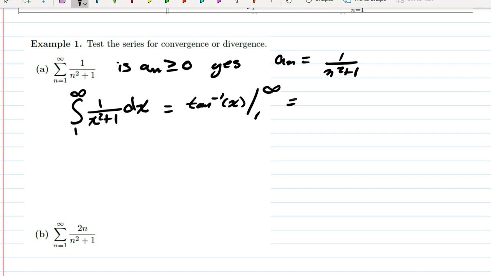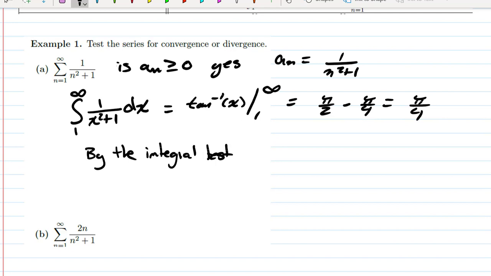The inverse tangent of x at infinity is pi over 2 minus the inverse tangent of 1, which is pi over 4. So we get the value of that integral is pi over 4. So then, by the integral test, the series converges.